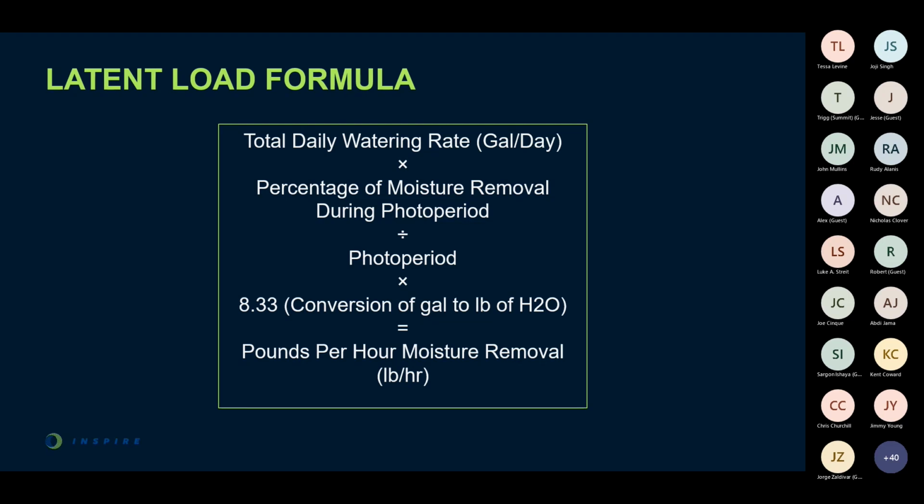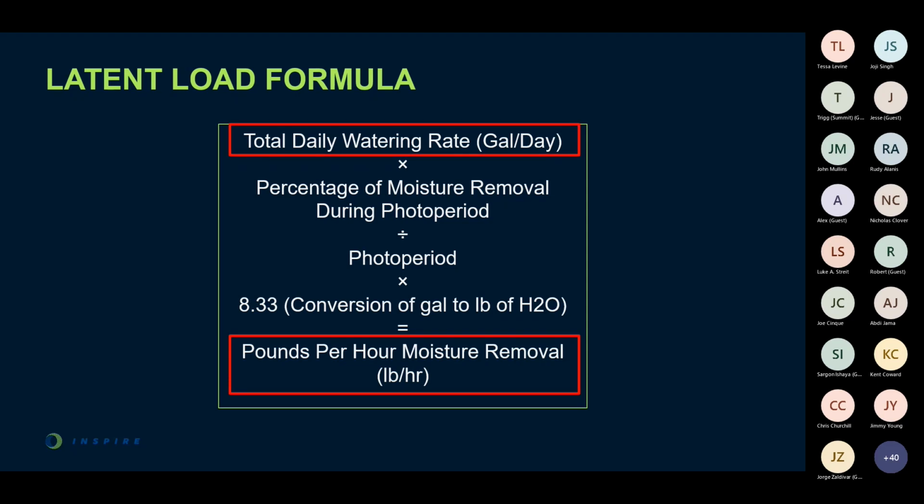Establishing an open line of communication with the cultivators early in the design phase goes a long way in right-sizing these loads and systems. The result of this calculation gives us the pounds of water per hour moisture removal requirement for a given room. It's important that we target the maximum latent load that room will generate over its operational lifespan to future-proof the design and provide the right capacity.